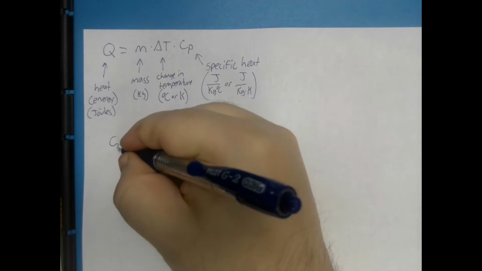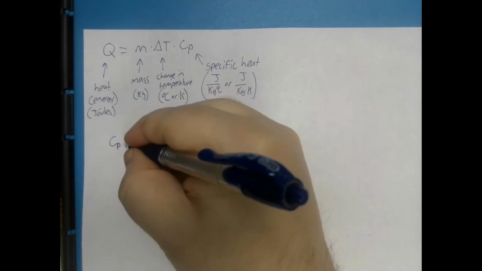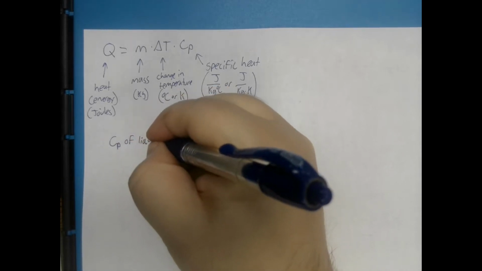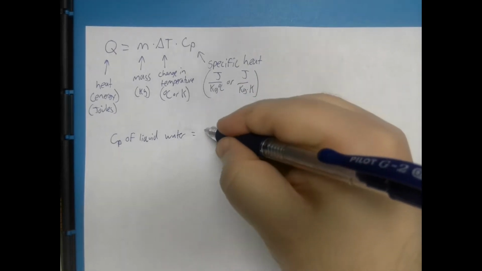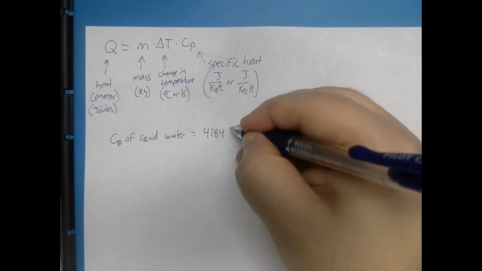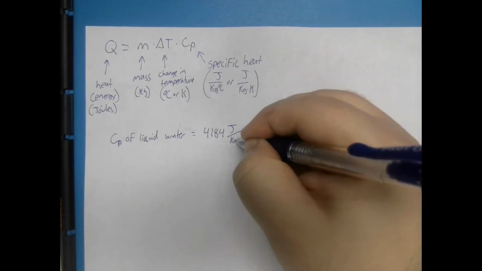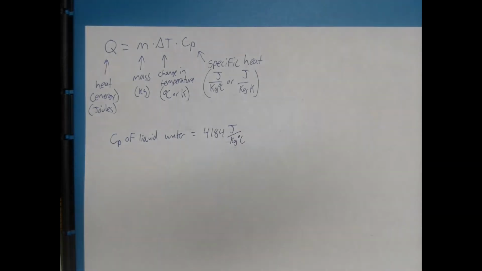So the specific heat of liquid water is 4,184 joules per kilogram degree Celsius.